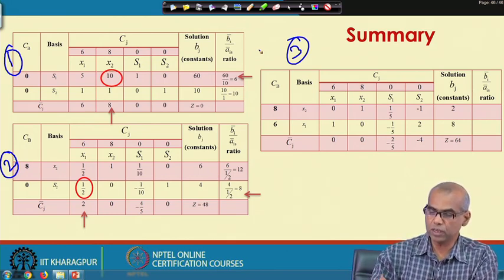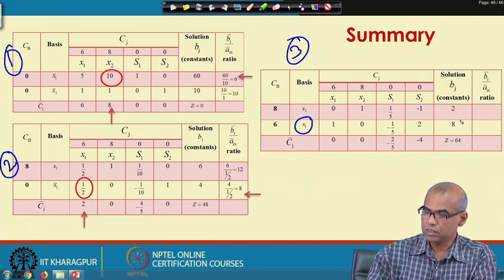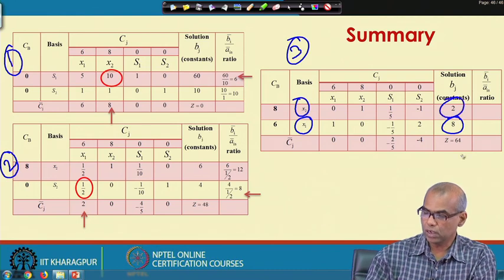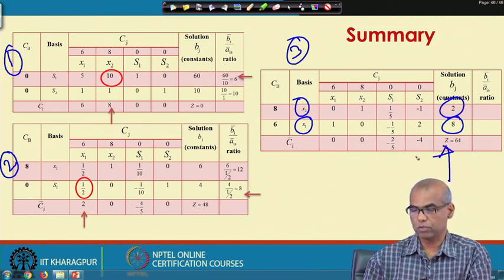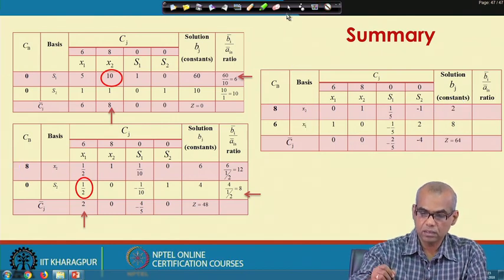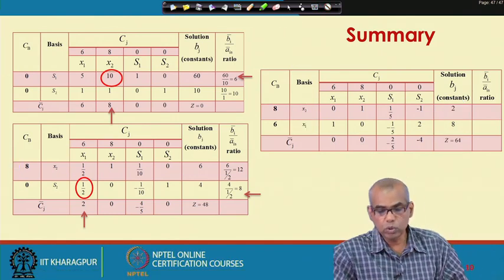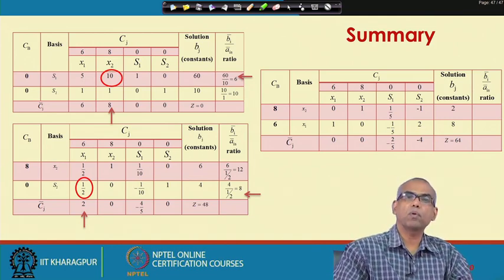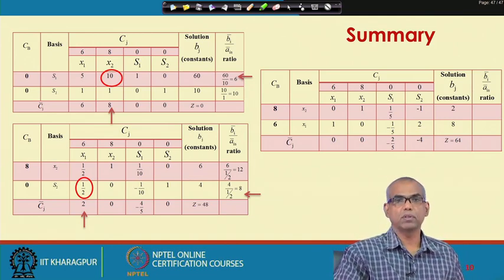So, the final solution is x1 equal to 8, x2 equal to 2 and z equal to 64. So, this is how you can do the computations for solving linear programming problem using simplex method.